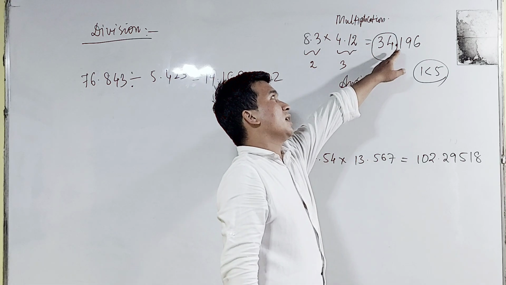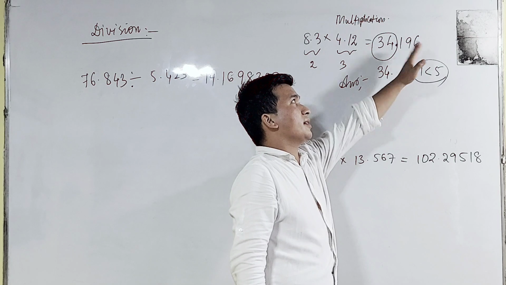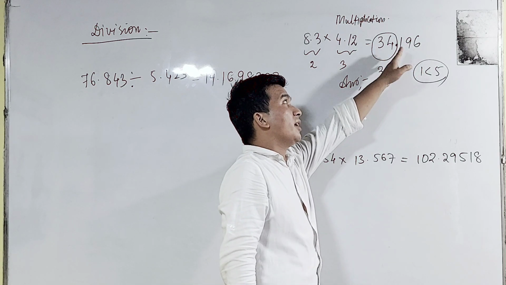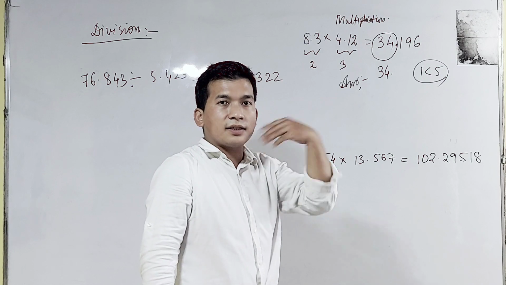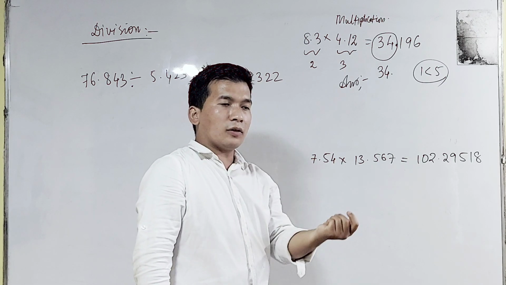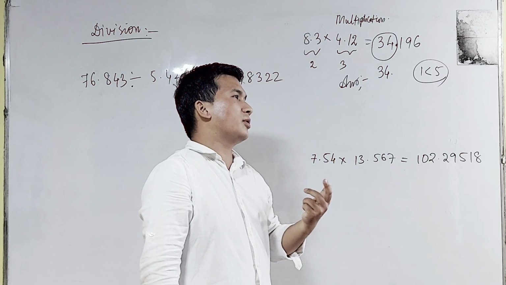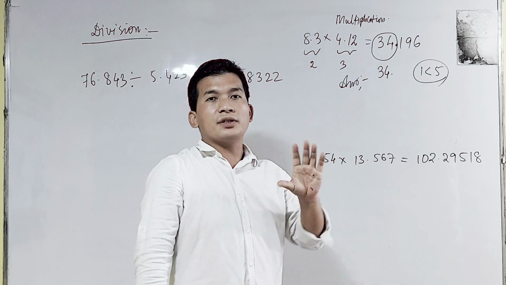The left over digit is 196. We are going to take the immediate one after taking the significant figures. We have to consider only the immediate digit which is left over.